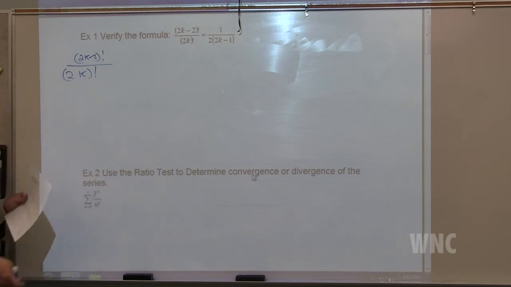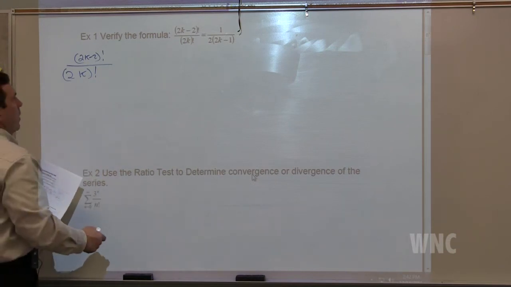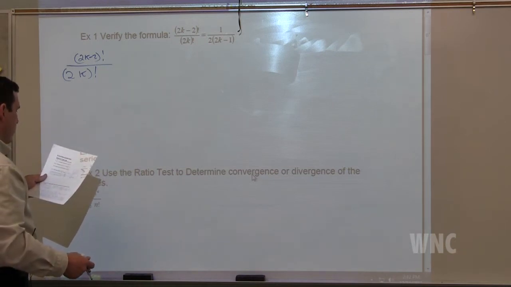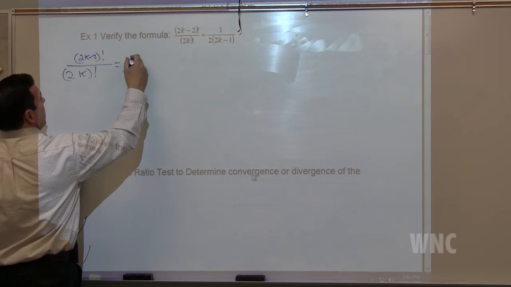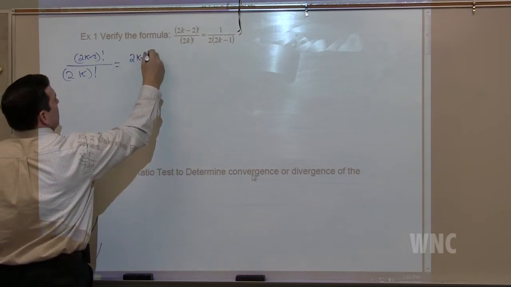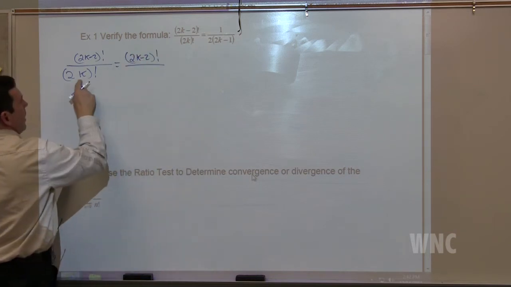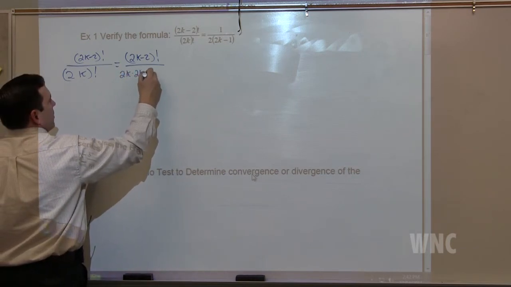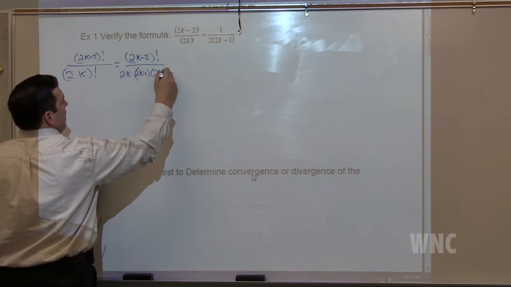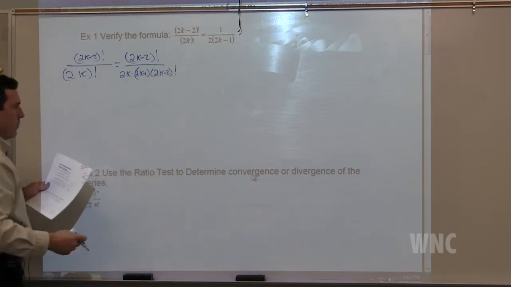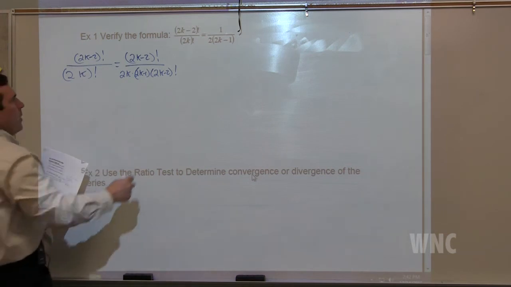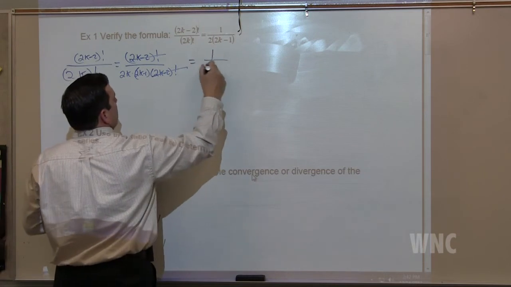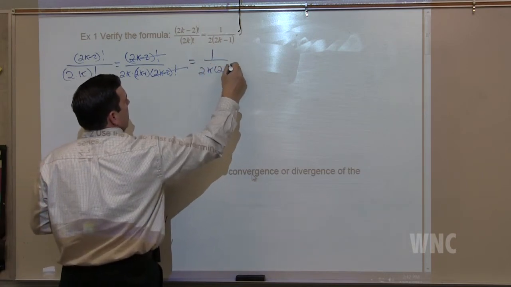I think we've seen this before. That's going to be 2k minus 2 factorial over 2k times 2k minus 1 times 2k minus 2 factorial. And this would divide out, leaving you with 1 over 2k times 2k minus 1.